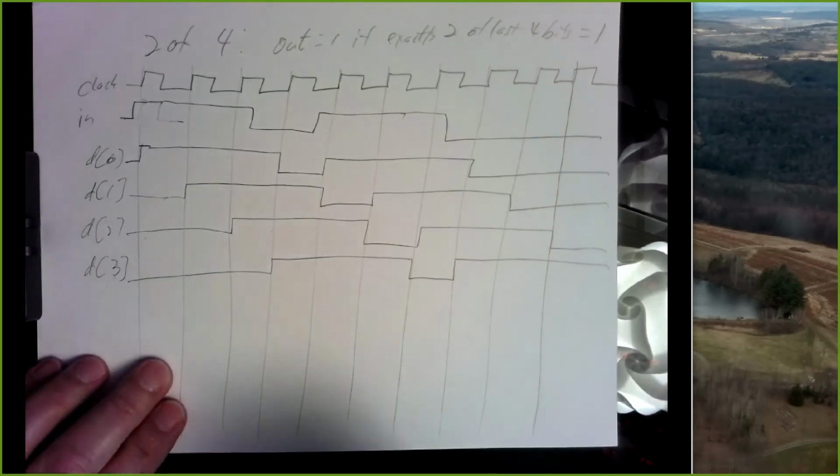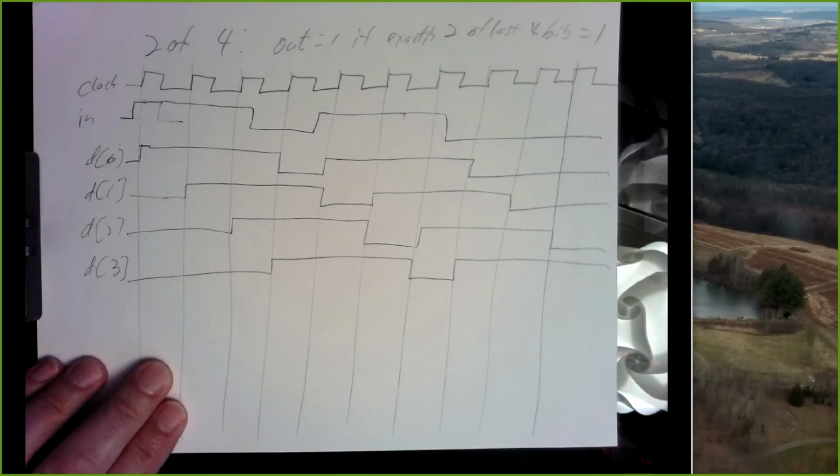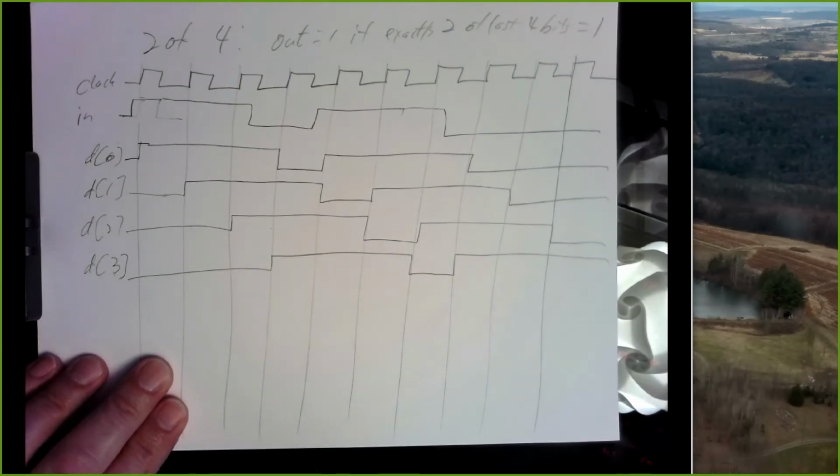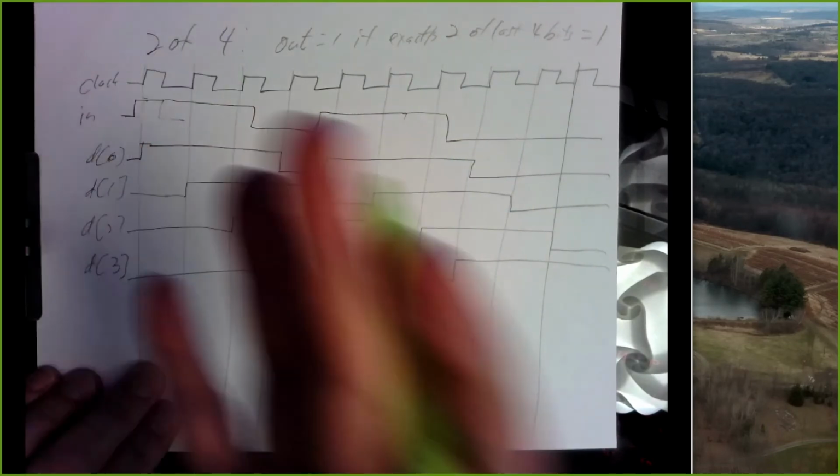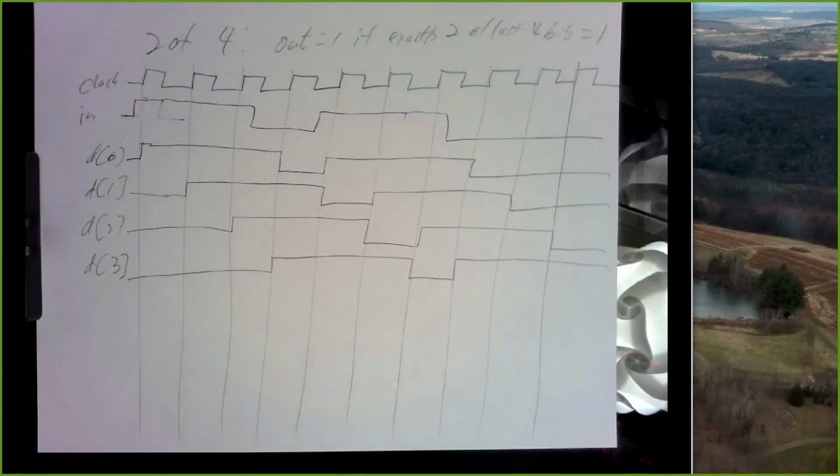All right, so how do we know if 2 of our last 4 events have been equal to 1? Well, our last 4 events are always stored in these 4 bits, right? These 4 register bits show us the last 4 events.